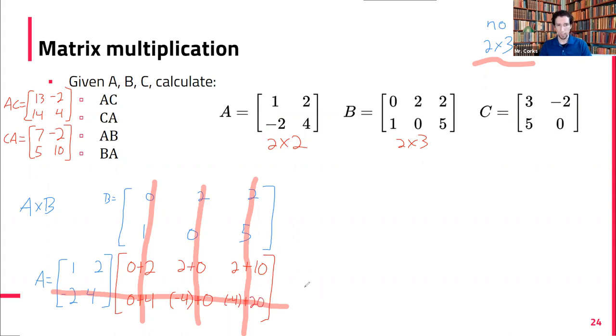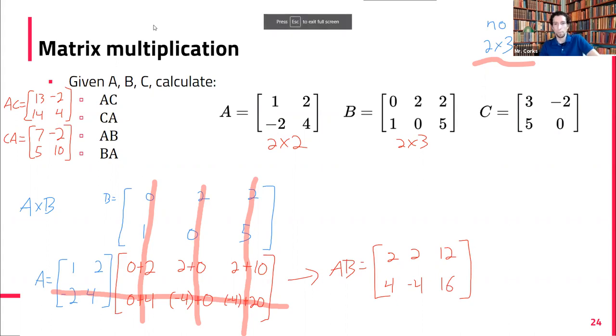All right, so if we take all this and we actually write out A times B, a 2 by 3 matrix, what are the actual numbers here? First row? 2, 2, 12. Second row? 4, -4, 16. Okay. What do we think? It worked or it didn't work?